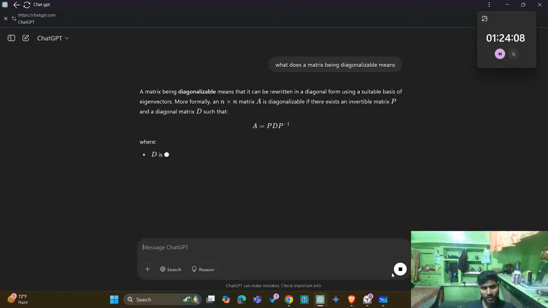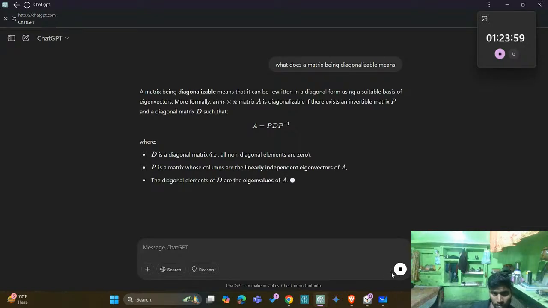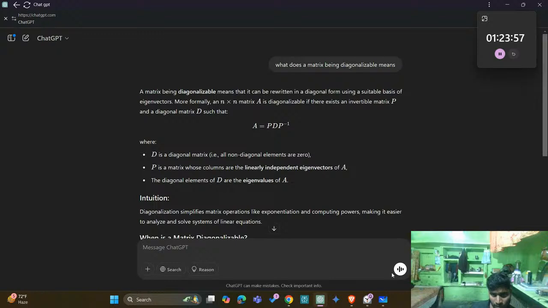A matrix being diagonalizable means that it can be written in a diagonal form. It is diagonalizable if there exists an invertible matrix P and a diagonal matrix D such that A equals P D P inverse.